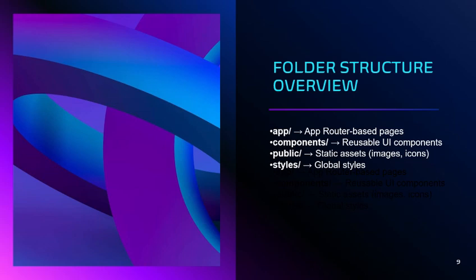There is an app folder for app router based pages, and you can make a components folder for reusable UI components. There is a public folder for static assets, like if you want to store images that are publicly accessible and viewed by users, so you have to save them in public.